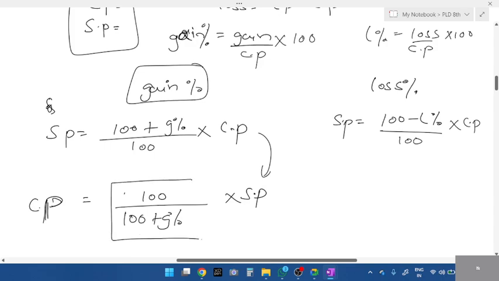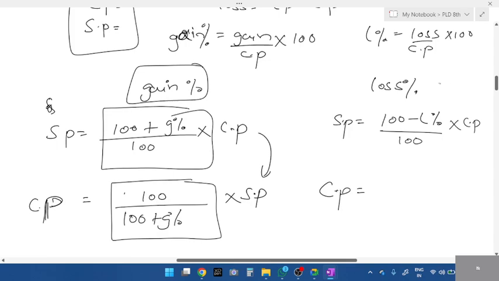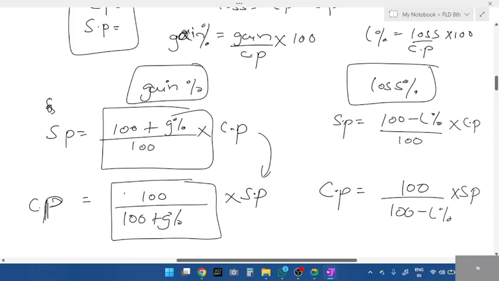Can you see the difference? These two, numerator and denominator, are changed, right? And when loss percent is given, students, cost price is equals to 100 divided by 100 minus loss percent into selling price. Yes, be quick, make a note of this.